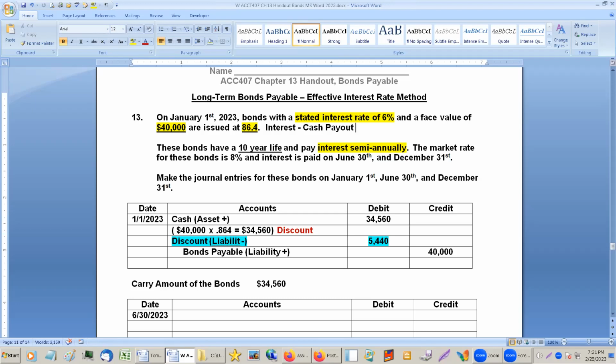So in this case, it'll be 40,000 times 6% times 6/12. You could also just divide by 2, same thing. $1,200. And because it's stamped on the bonds, this will be paid out every single time.